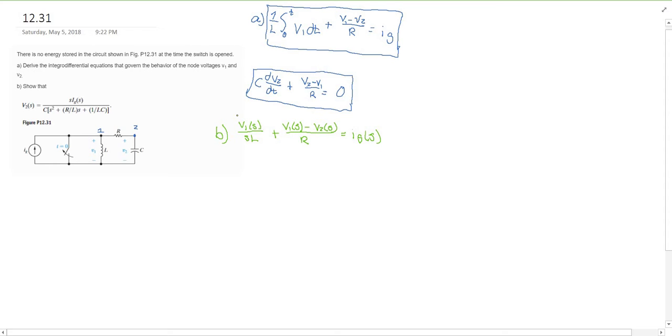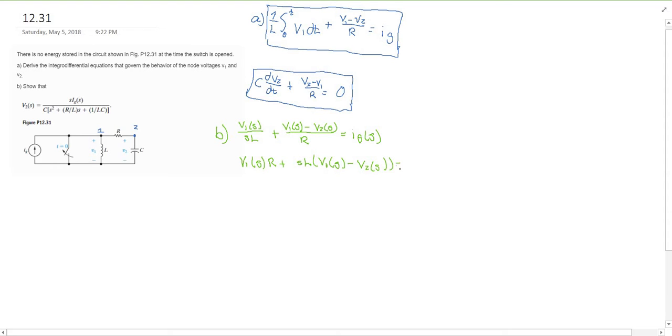Now we're going to move everything around by multiplying the denominators to the other components of the equation. So it's going to be V1(s) times R, plus sL times (V1(s) minus V2(s)).